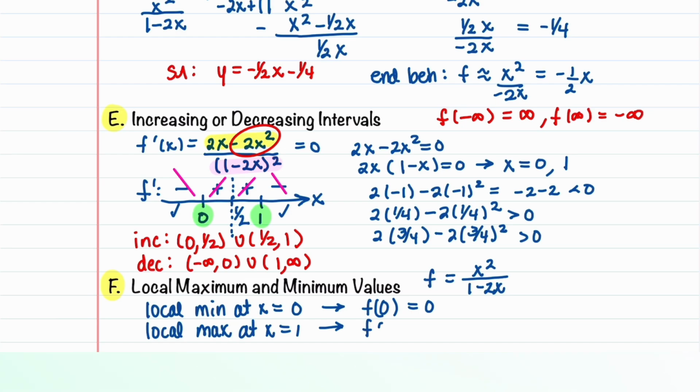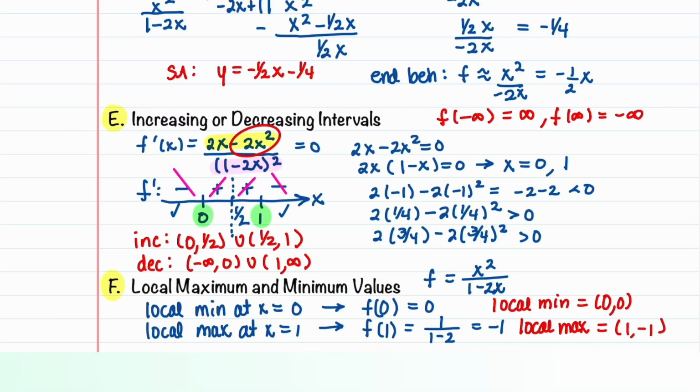And f at 1 is 1 over 1 minus 2, so that is minus 1. We can then say that our local min is (0, 0), and our local max is (1, -1).